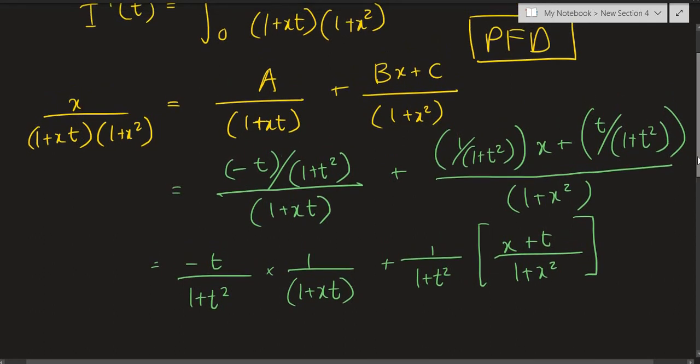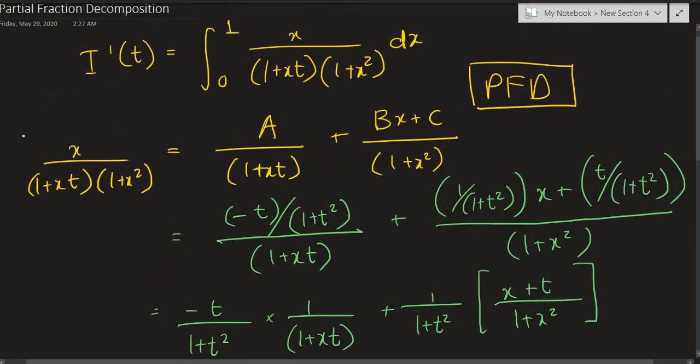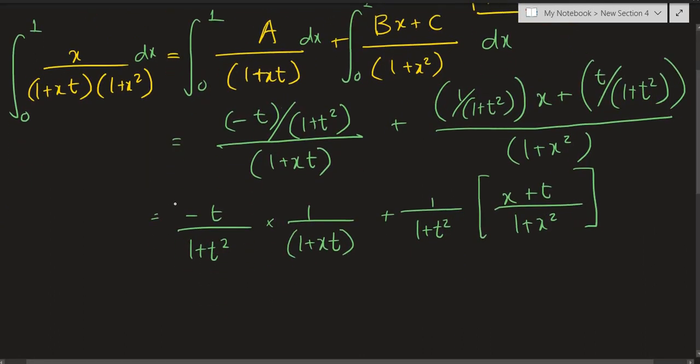Now, as I promised, let's reintegrate both sides with respect to x from 0 to 1. I'm just writing that for your understanding. So basically, when we integrate both sides, even the integral gets carried over to this portion. So integral from 0 to 1, there is a dt.